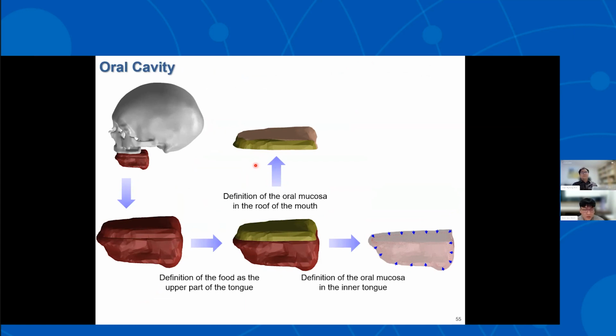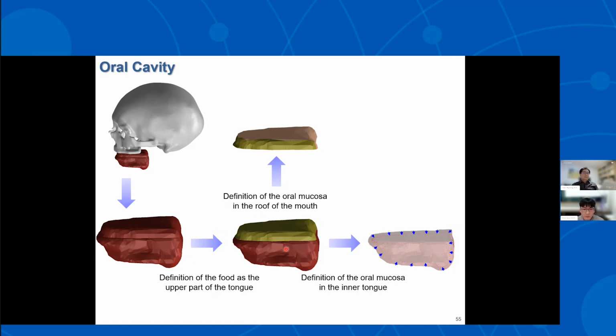The food as a source region should be placed on the tongue. However, there was not enough space to define the food. So we divided the tongue into two parts, upper and lower. The upper part was considered as food only for the purpose of the SAF calculation.